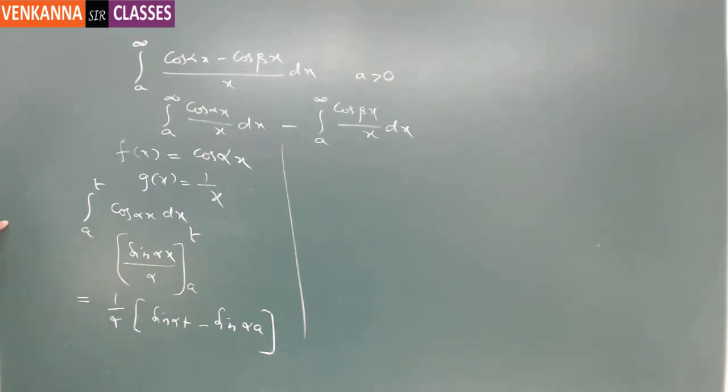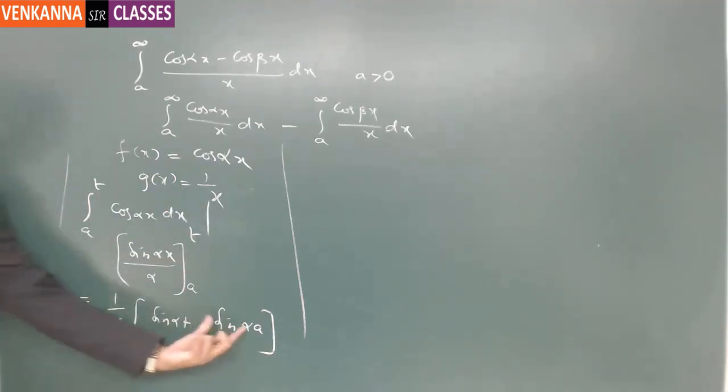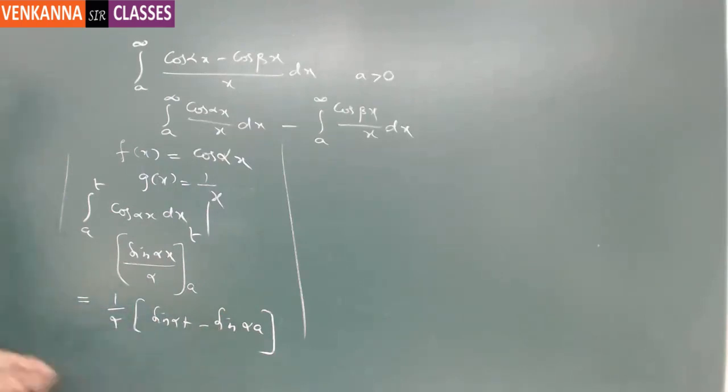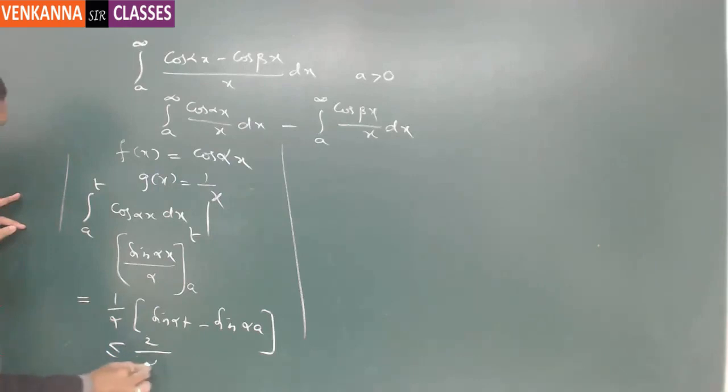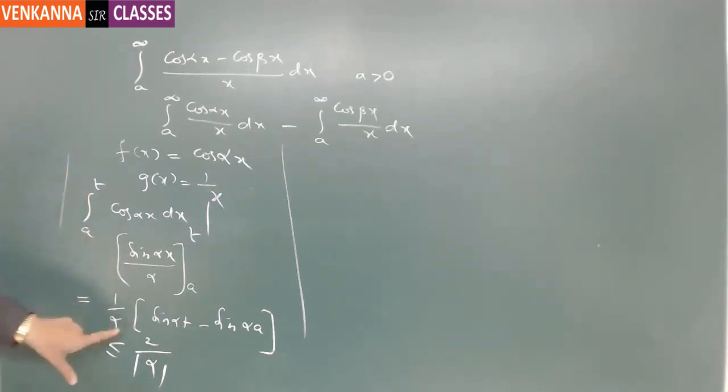Now, for checking boundedness, if you apply modulus, the modulus of each sine value is less than or equal to 1. So it will be less than or equal to 2 by mod alpha, because you don't know what alpha actually is.